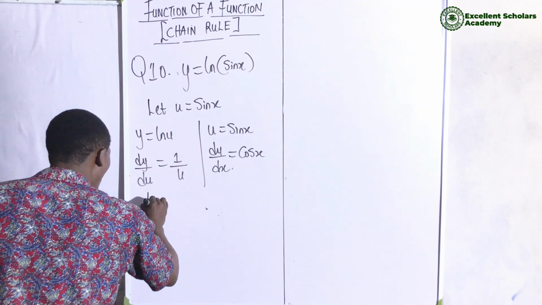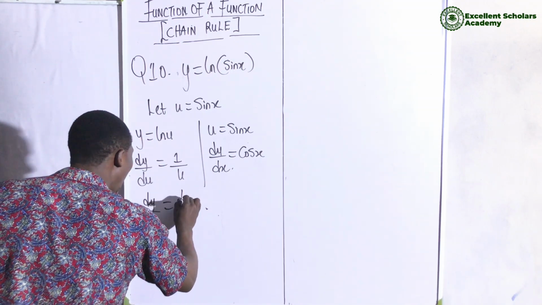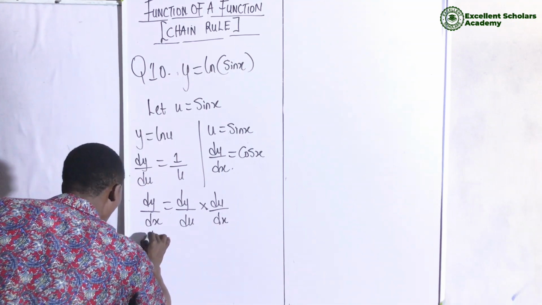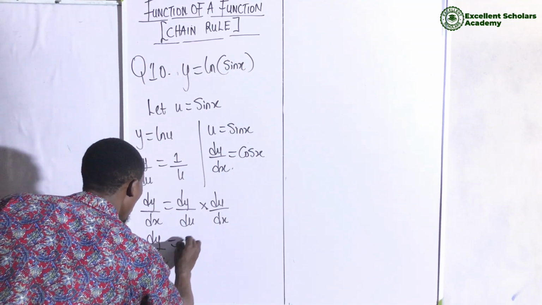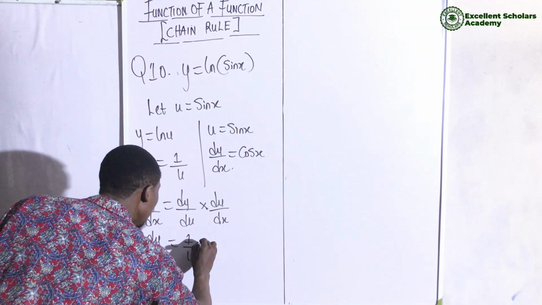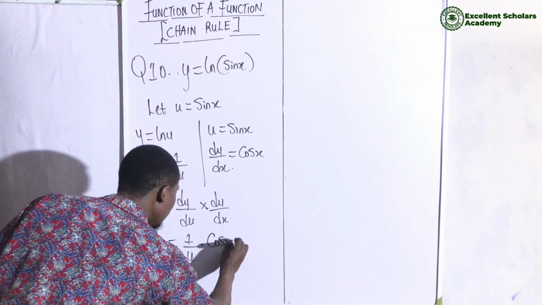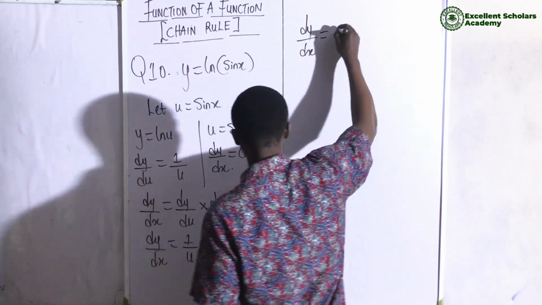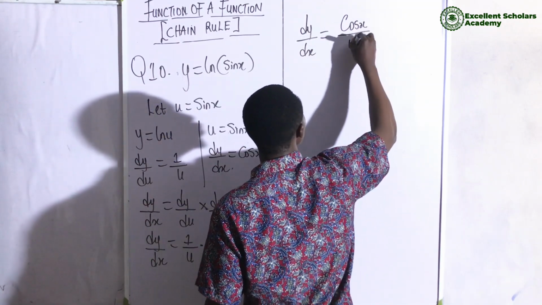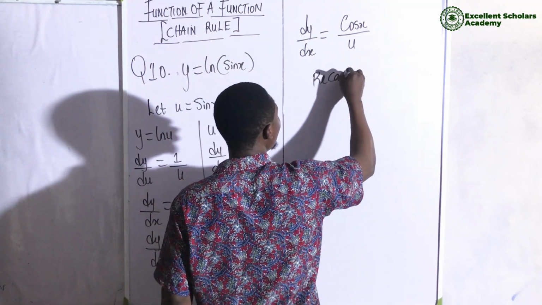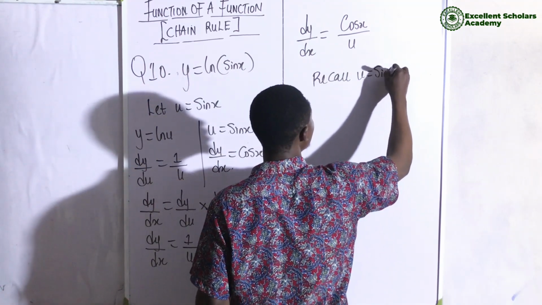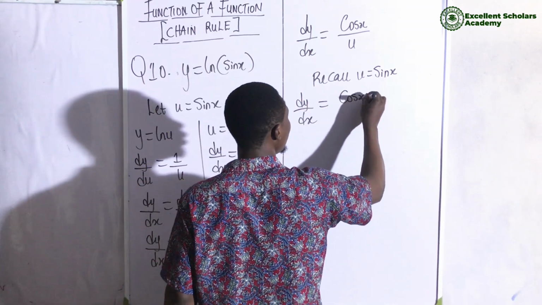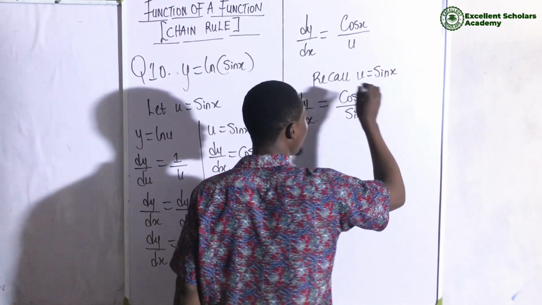So now your dy/dx is going to be equal to dy/du times du/dx. So our dy/dx is going to be equal to 1 over u multiplied by cos x. So this becomes cos x over u. Now recall that your u equals sine x. So dy/dx is going to be equal to cos x over sine x.